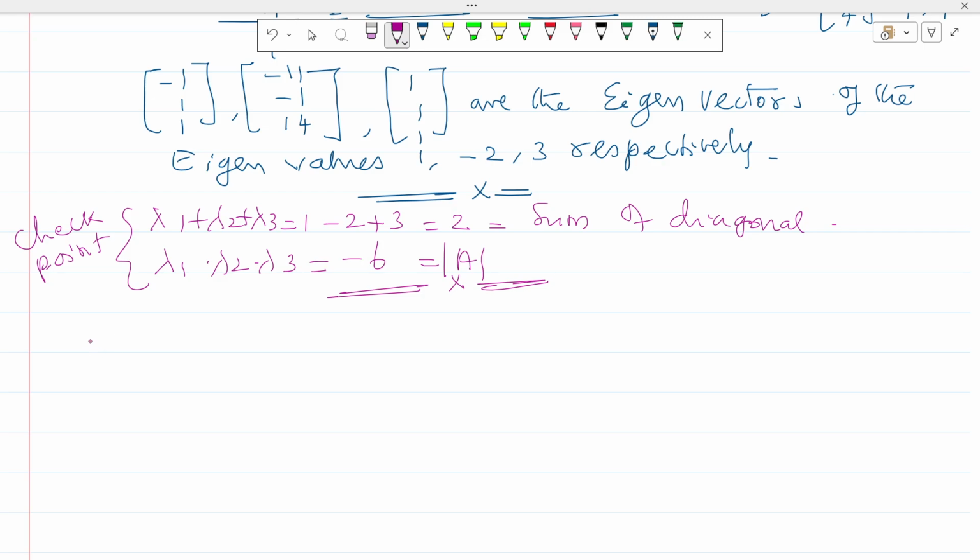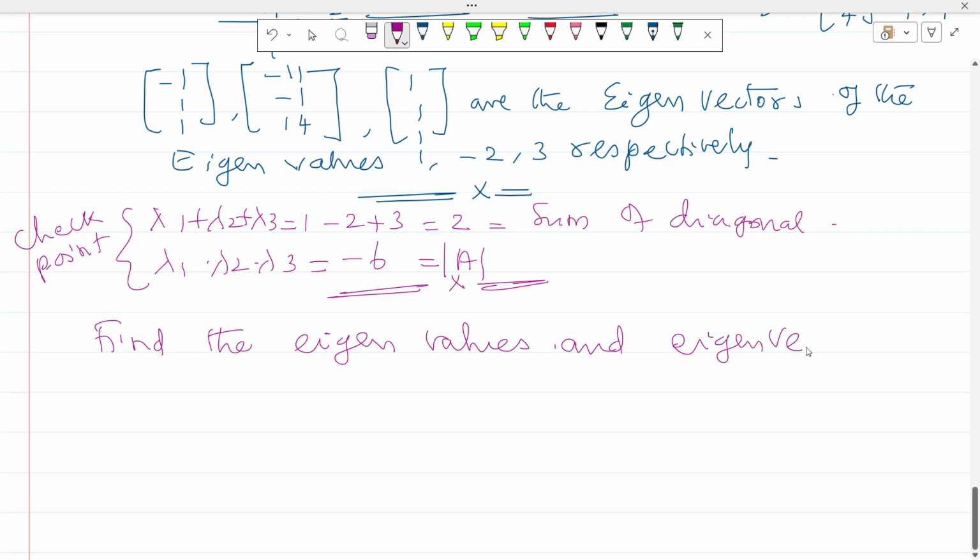Find the eigenvalues and eigenvectors of the matrix with rows 8, minus 6, 2; minus 6, 7, minus 4; 2, minus 4, 3.